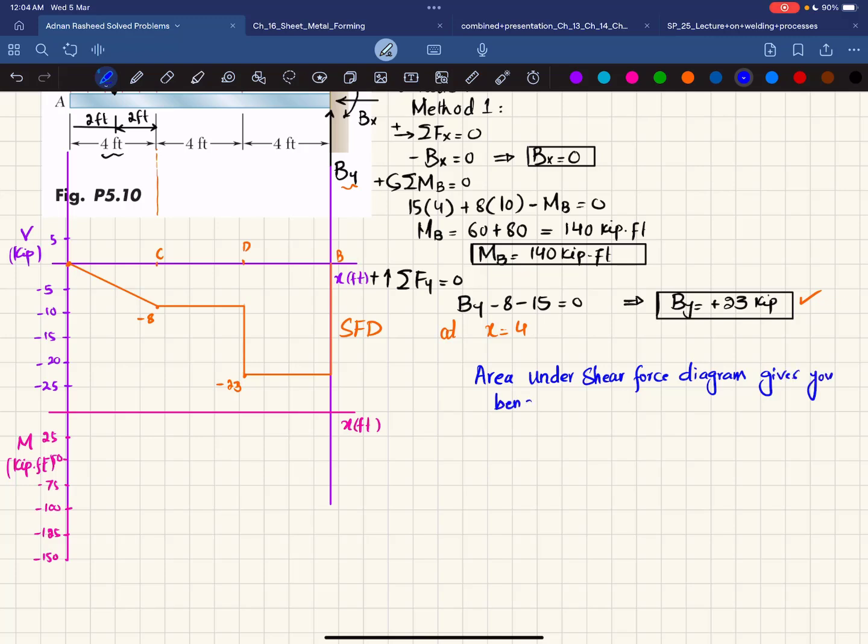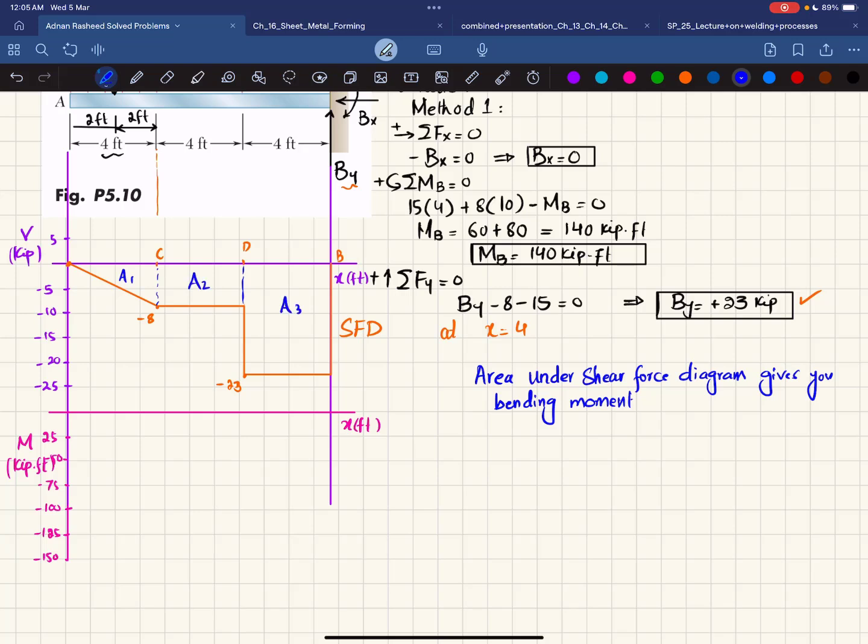So we will do that. The first area under the shear force diagram is this one, from A to C, from C to D is like this, and from D to B, the area under the shear force diagram is this. So we will split them into 3 areas. This will be your first area A1, which will be this one. The second area will be A2, and the third area will be this one.